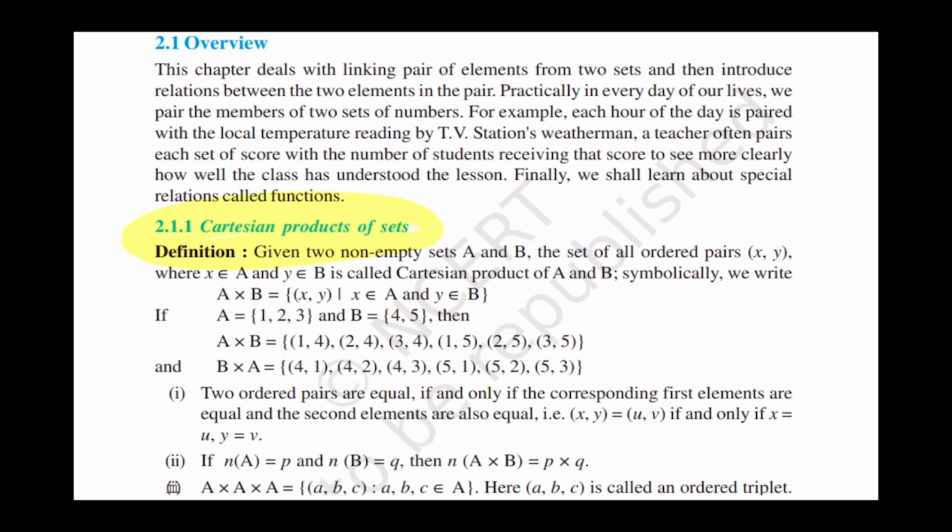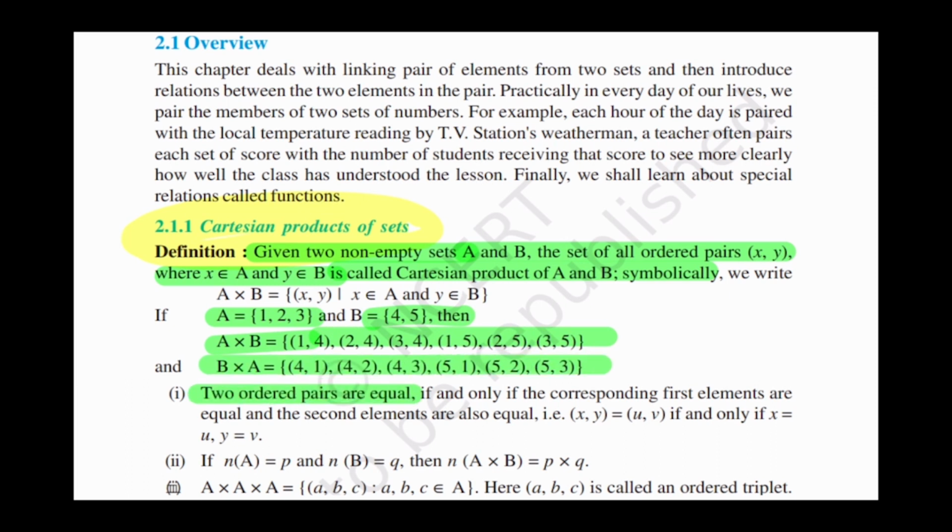First, given two non-empty sets A and B, the set of all ordered pairs where x belongs to A and y belongs to B is called the Cartesian product. So A cross B is this and B cross A is this. Both are different.